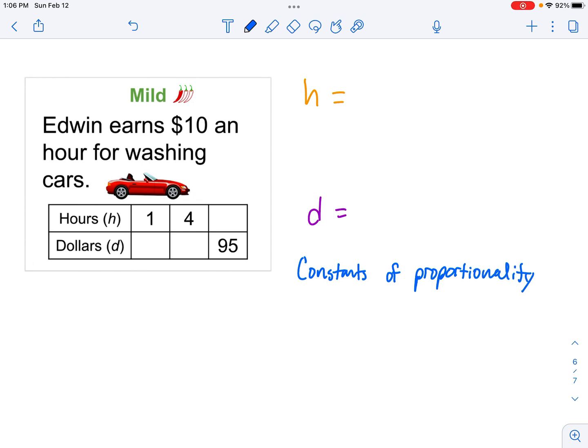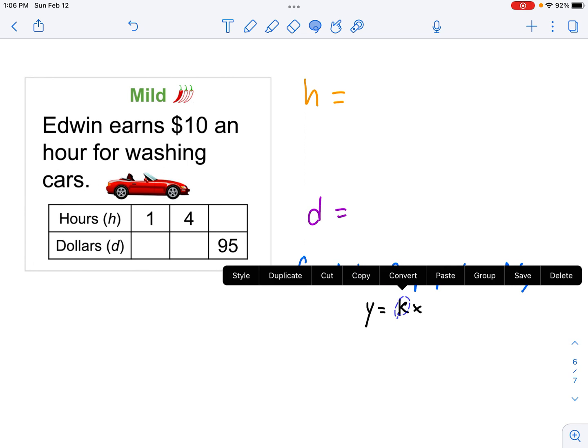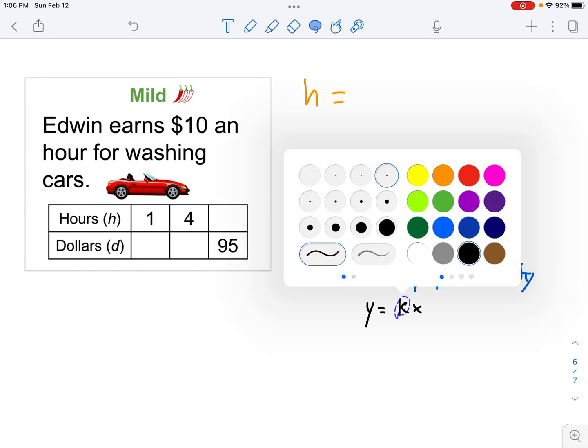The reason we want to find these is that every equation for a proportional relationship can be written as y equals kx, where k is a number. It's the constant of proportionality.